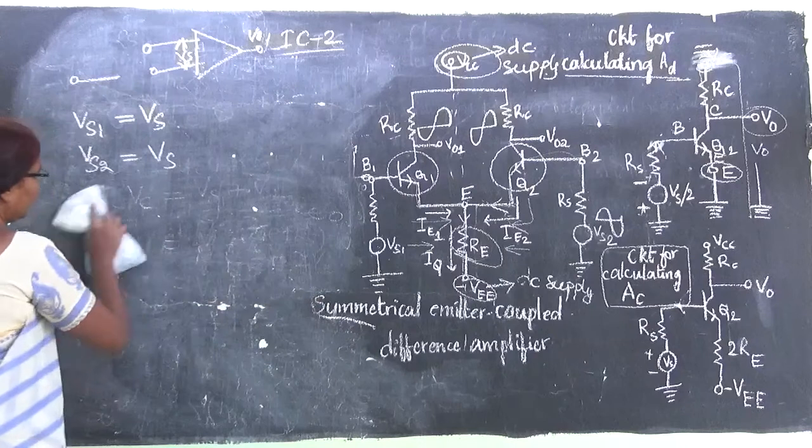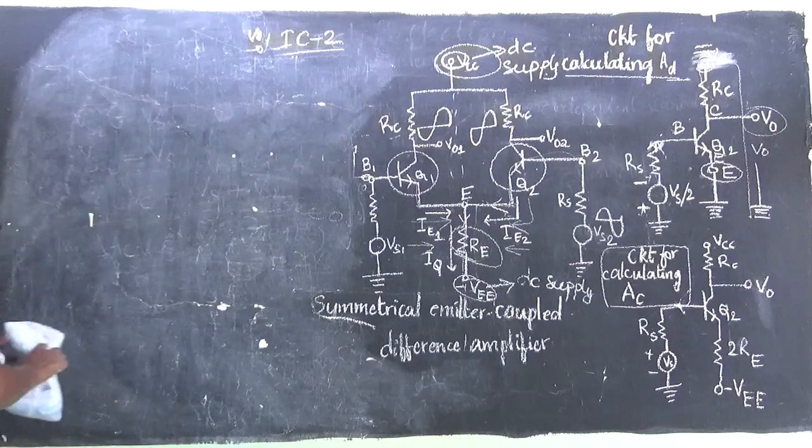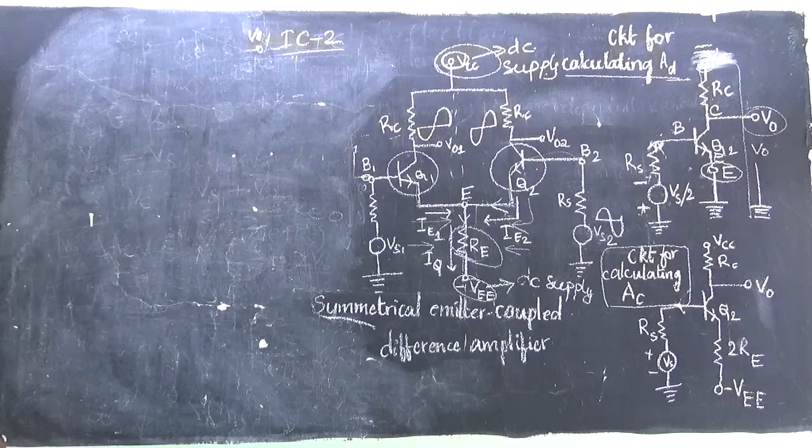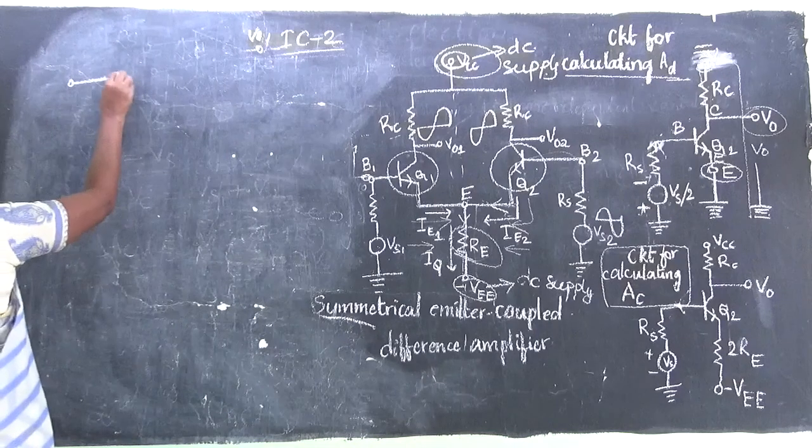Next. So now in this circuit, what have I taken? I have taken Vs as my source. So now I am writing the equivalent.